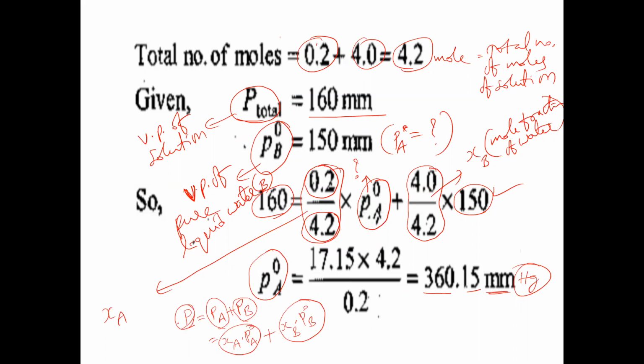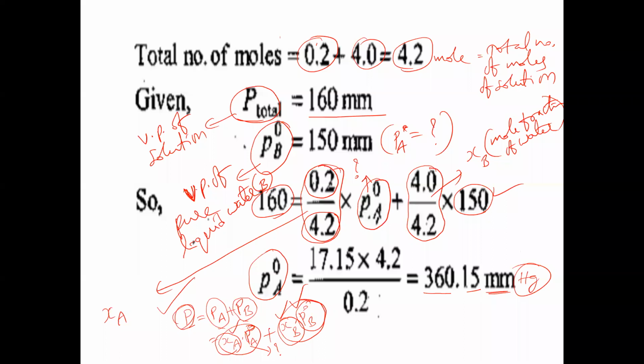P total is given to you in the problem. PB naught is given. Mole fraction is given, and the mole fraction of A is also understood. PA naught is asked to calculate. PA naught means the vapor pressure of pure liquid A is asked to calculate. So in this way, we have to solve numerical problems based on Raoult's law.